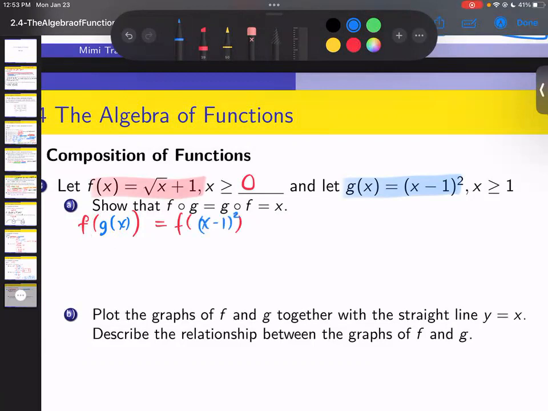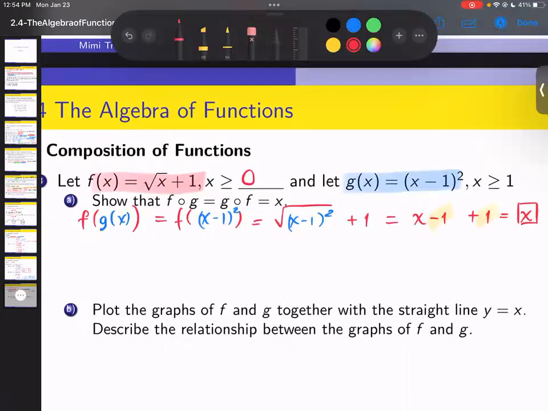Now I'm going to plug that into f. f is square root of that plus 1. And the square root of your new x will be x minus 1 squared. What's the square root of x minus 1 squared? Thank you. x minus 1. And then plus 1, which is x. Cancel. So the answer is x.